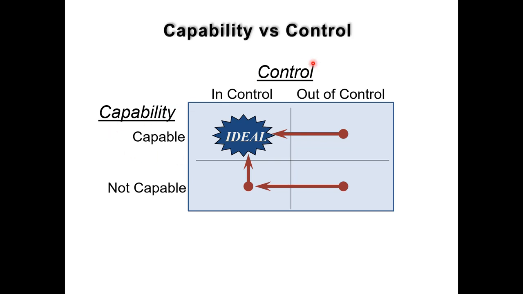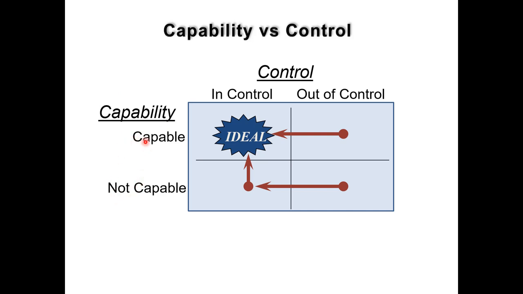So there are two important criteria in assessing or measuring the performance of a process. Number one is based on its control: you must ensure that the process is in control. The other one is based on its capability: you must also ensure the process is capable.